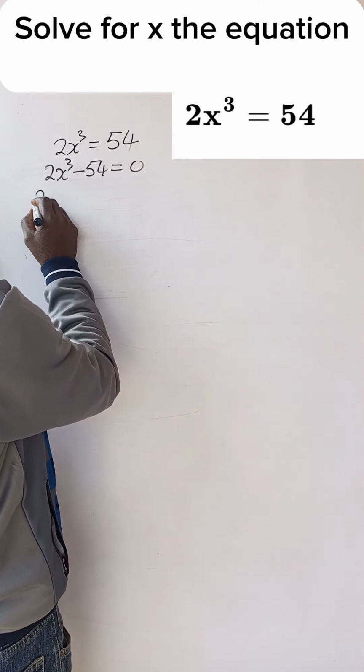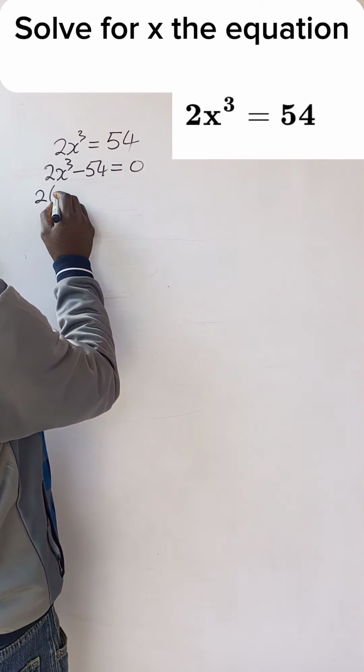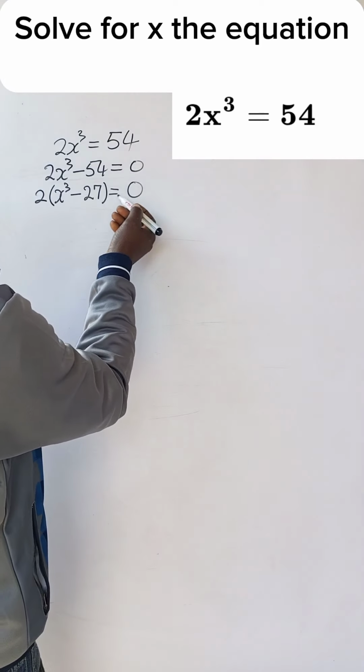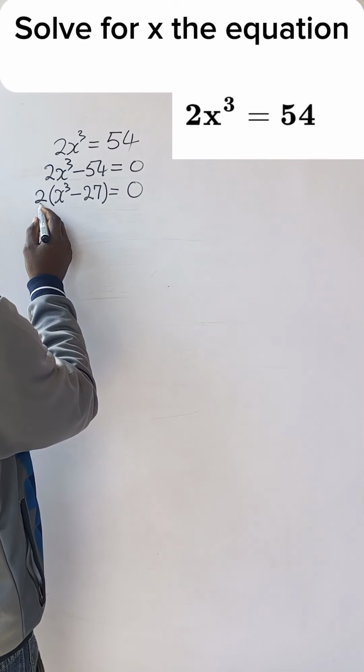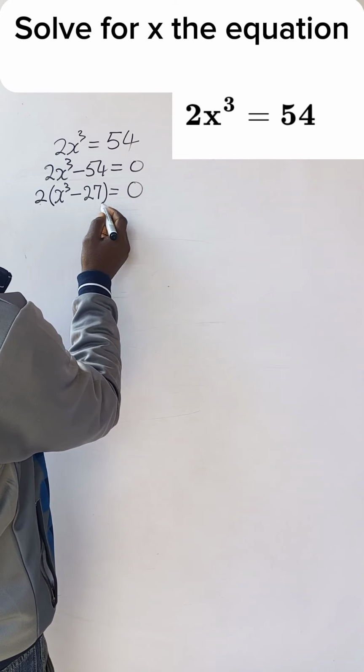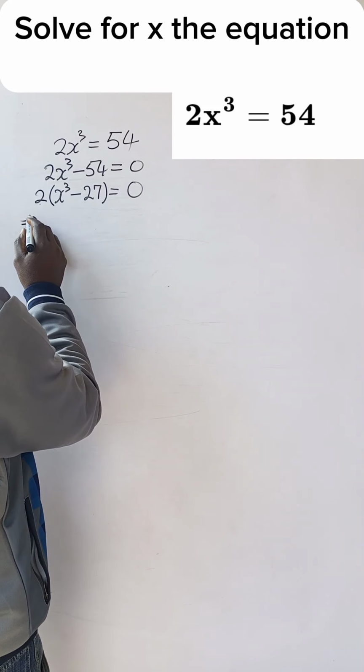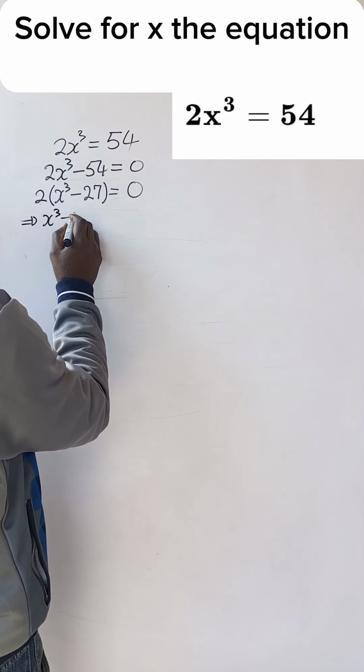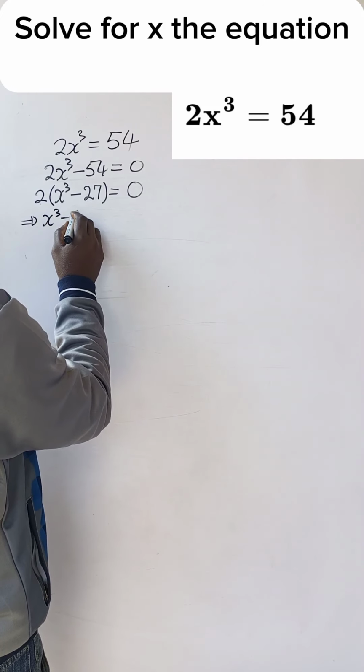We factorize out 2: 2 into x cubed minus 27 is equal to 0. We have the product of two things giving us 0. 2 cannot be equal to 0, so this 0 must have been brought about by this expression. So we now say x cubed minus 27 is equal to 0.